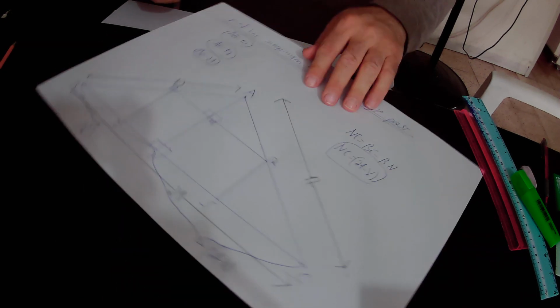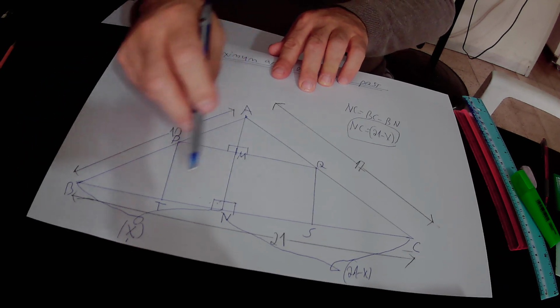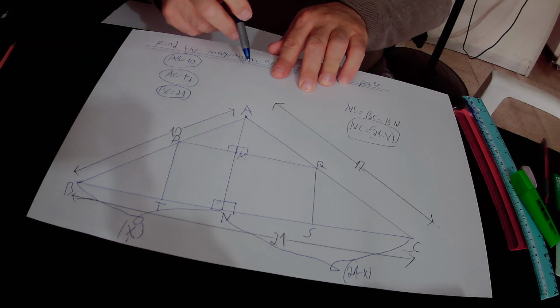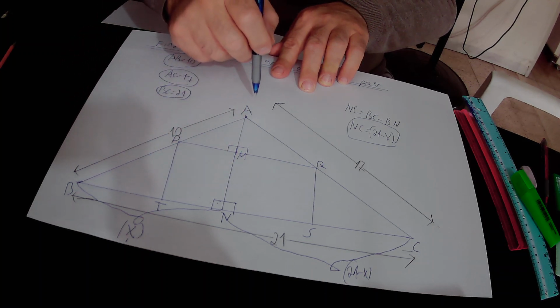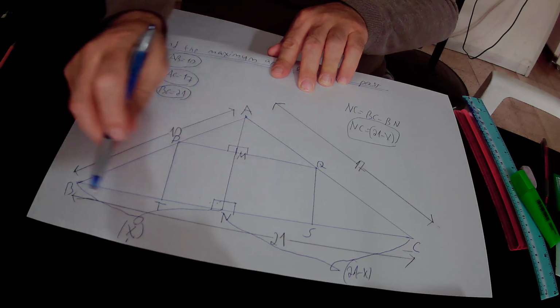So in the next step, I'll copy this right angle triangle ABN in a new page, and we'll implement the Pythagoras theorem on this right angle triangle ABN.